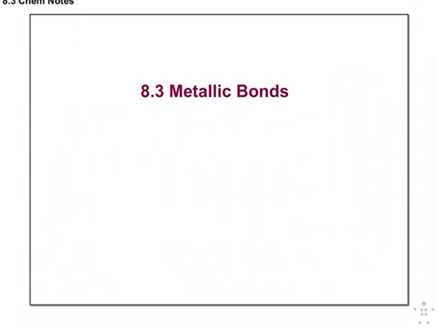So up until this point, we have looked at ions and the way they bond to form ionic compounds. But today we're going to take a look at metallic bonds, and this occurs in any of the metals that are on the left of that stair-step line.